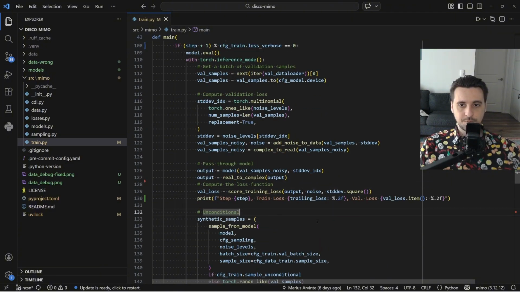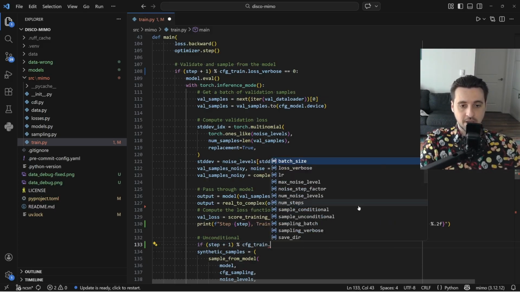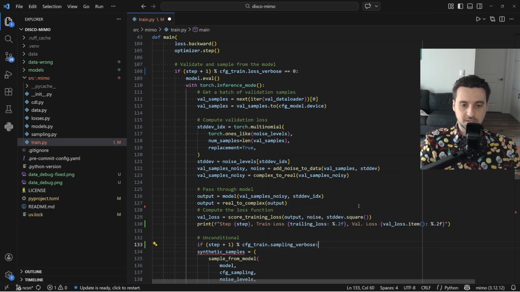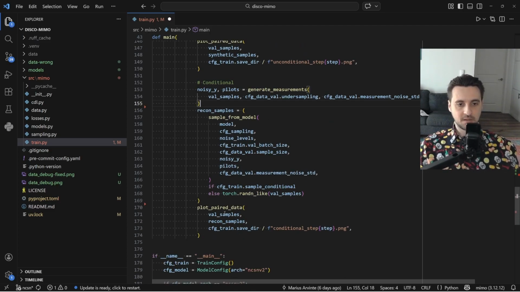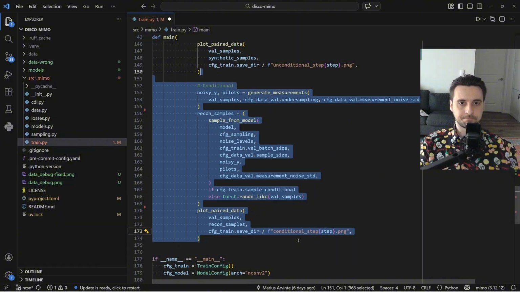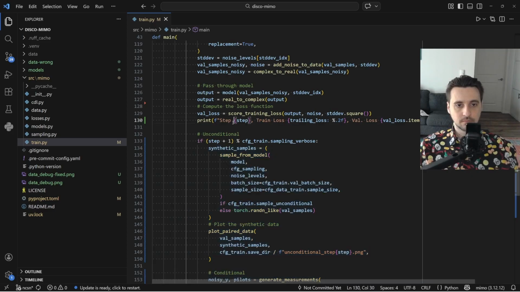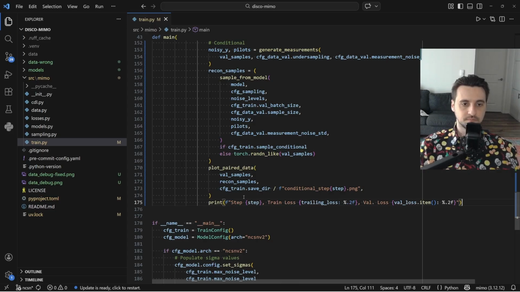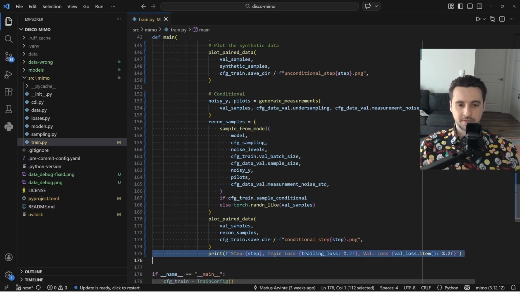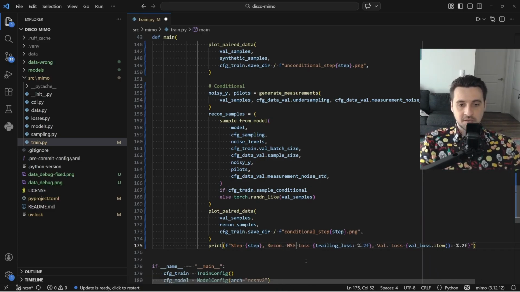Now, also periodically, we can say if step plus 1 is config train verbose, sampling verbose, then we can sample here. We can plot the data that we sampled and print some statistics. So at step, recon MSE.